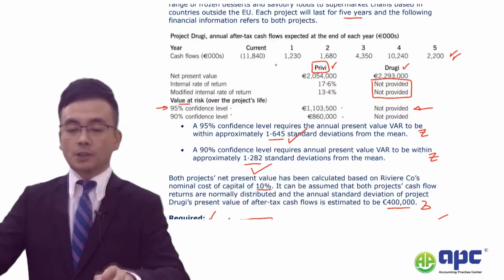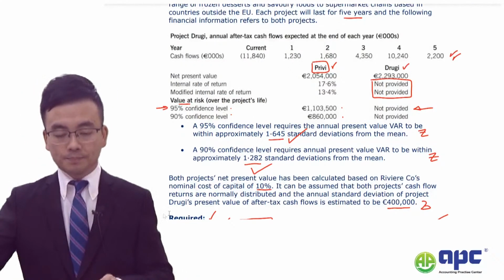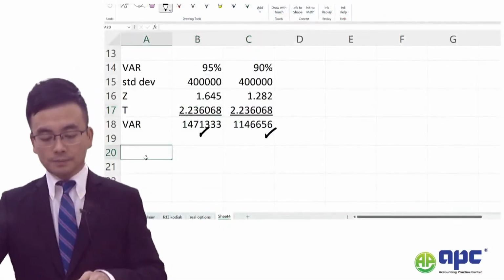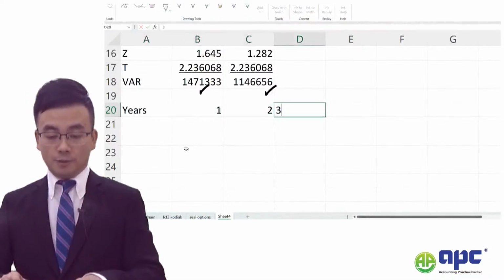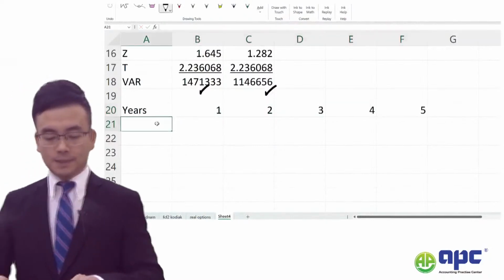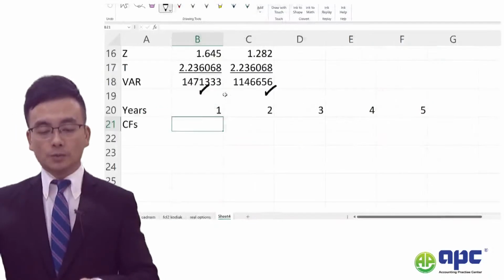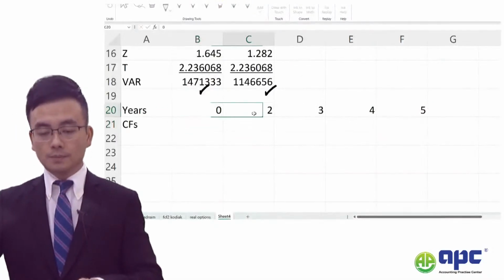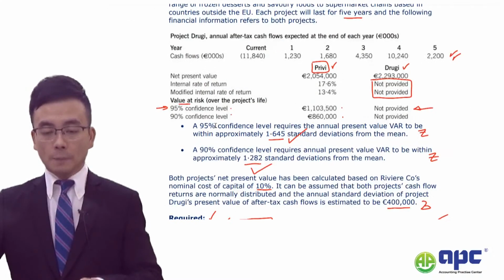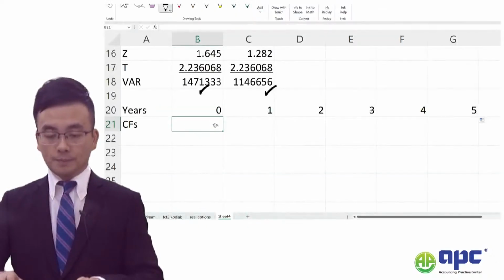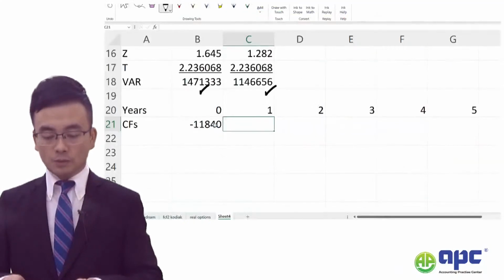So cash flows firstly, let's log that in our calculation: years 1, 2, 3, 4 and 5 respectively. Cash flow in year 0 will be minus 11,840. Year 1 will be 1,230.